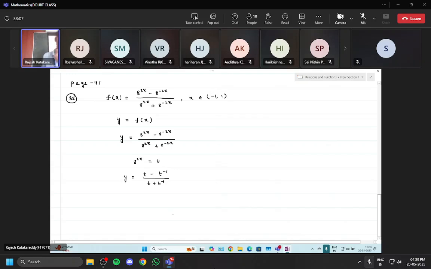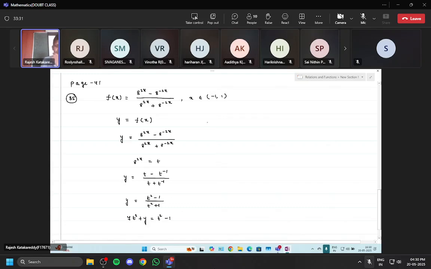If you know componendo and dividendo, you can use that. If you don't, you can also do cross multiplication. Before that, take the LCM. This is t square minus 1 by t square plus 1. So y into t square plus y is equal to t square minus 1.